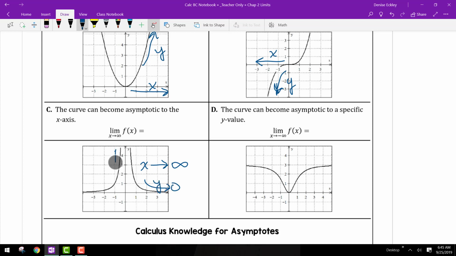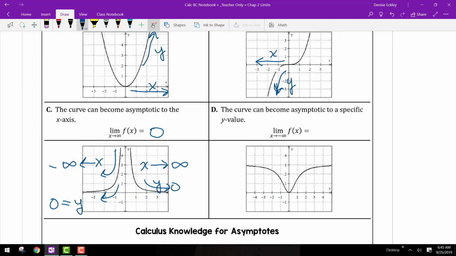And that goes the other way too. Even though it doesn't show the actual limit notation, the picture is the same. As x decreases that way, the y is going to head towards that asymptote as well. So this is headed to 0, or it could be a specific y value besides 0.